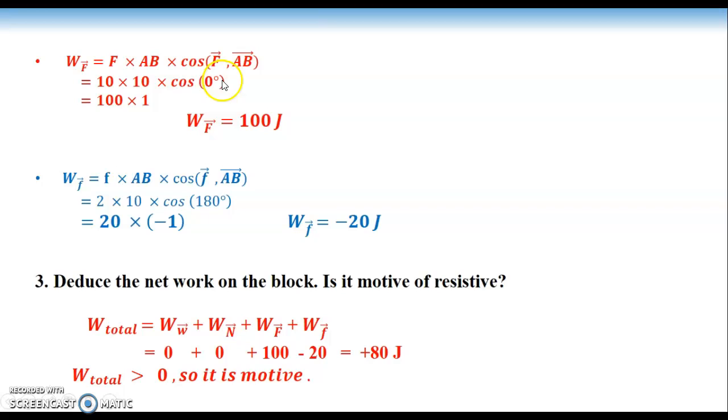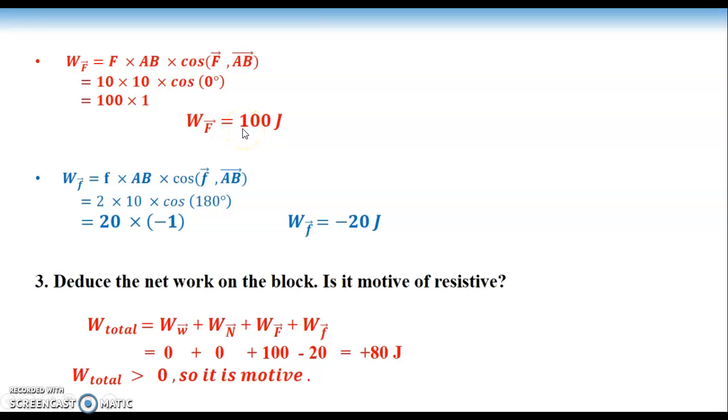So 10 times 10 times cosine 0 means 100 times 1. The motive force is participating in the motion of the object here, and the work done by it is 100 joules. This is a motive work done by the motive force because the work is positive.